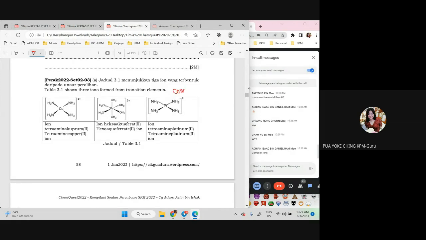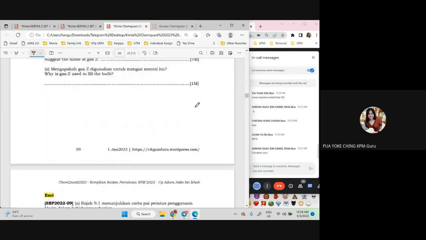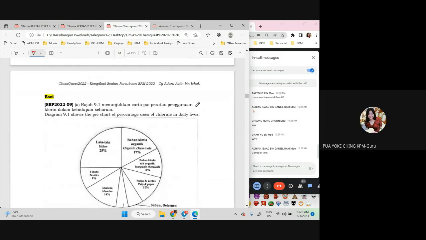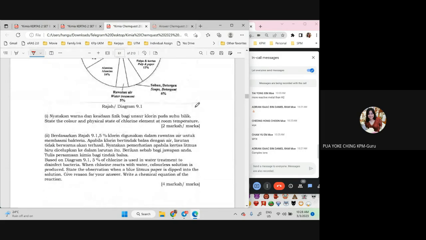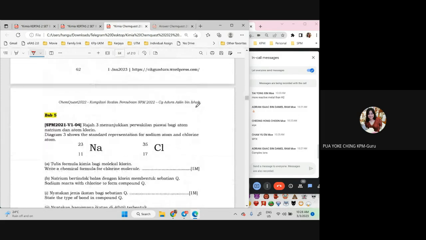So don't be tricked. The question will be very simple, just asking the characteristics of transition elements. So that's all. This is the essay, so you can go and check the essay.